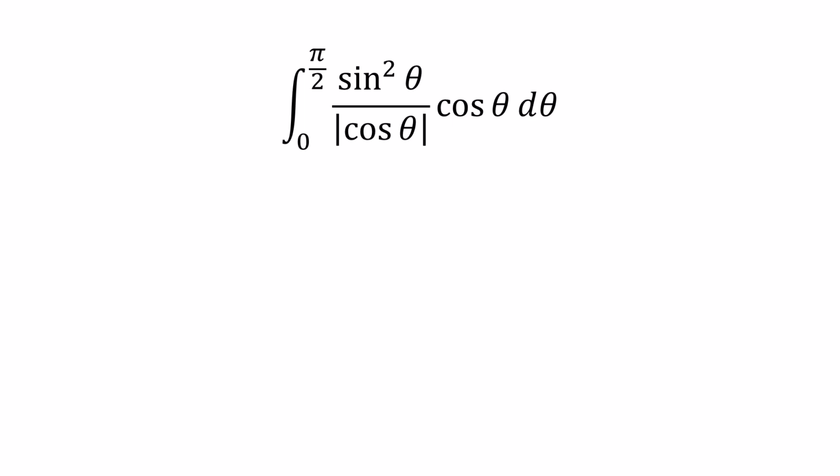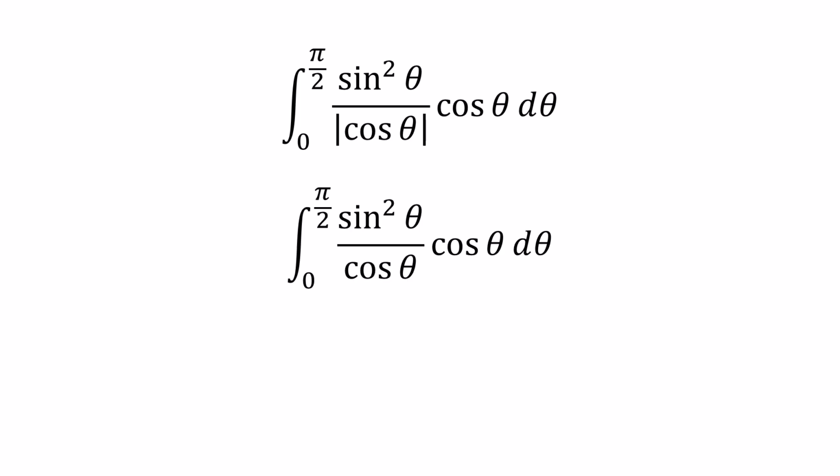Since cosine is positive over the interval of integration, we can drop the absolute value bars. This gives the integral from 0 to pi over 2 sine squared of theta over cosine of theta d theta.